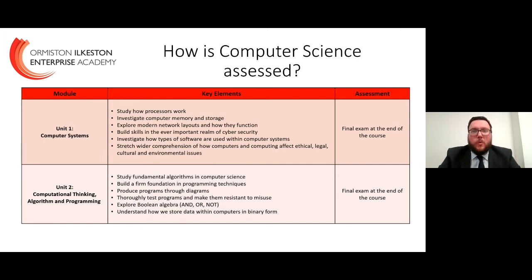And during Unit 1, we'll be looking at physical hardware and network components and seeing how they're all connected together. So although these are both theory-based units, there are practical elements involved to enable students to develop the theory they need.